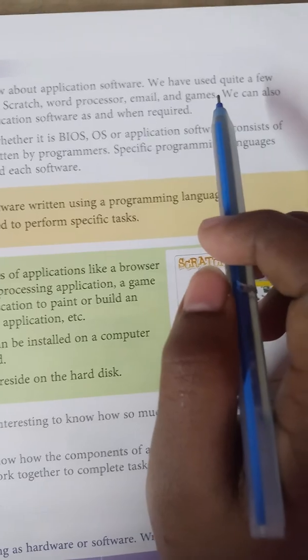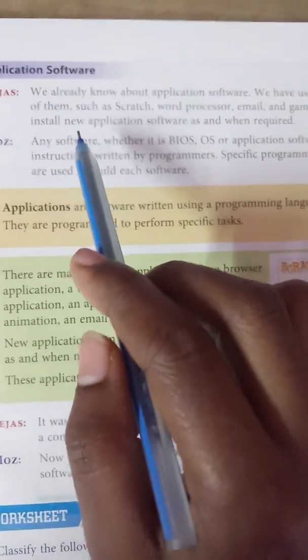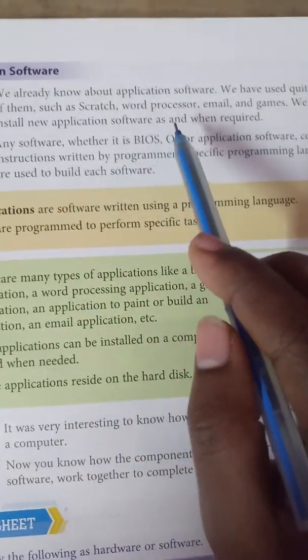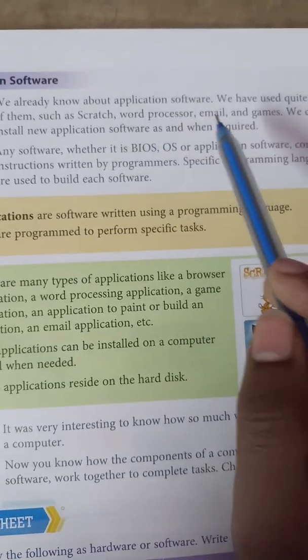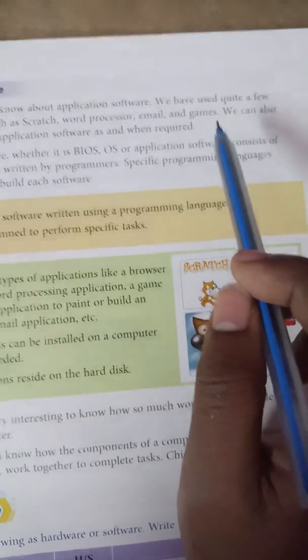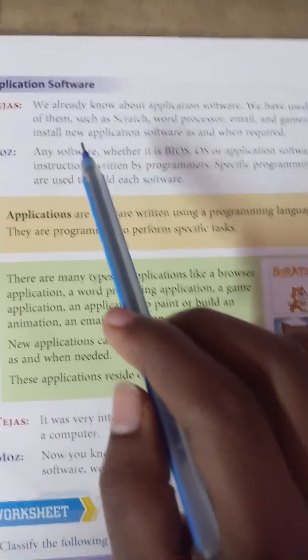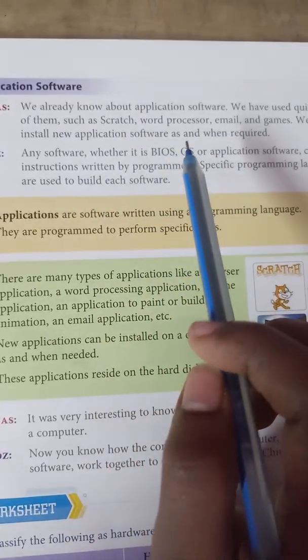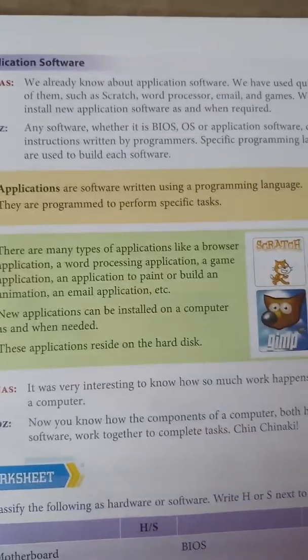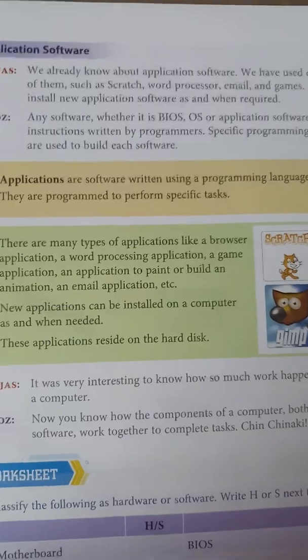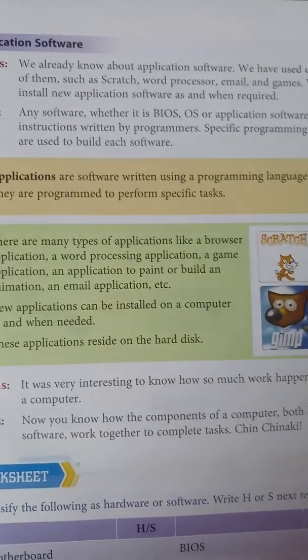We have used quite a few of them, such as Scratch, word processor, email and games. We can also install new application software as and when required. So if you need a new application, we can install it on your computer and on your mobile also.